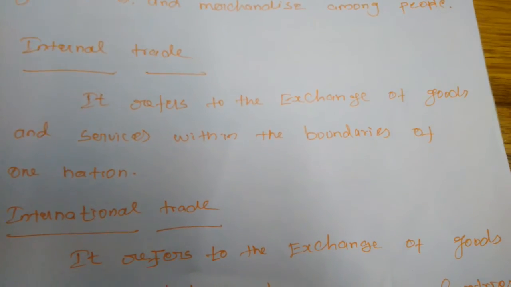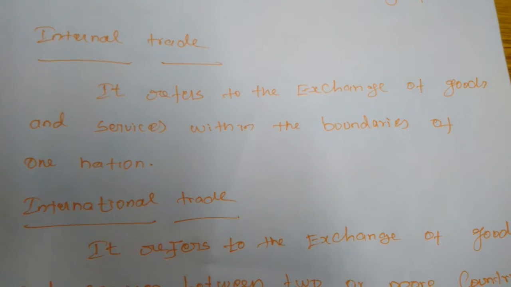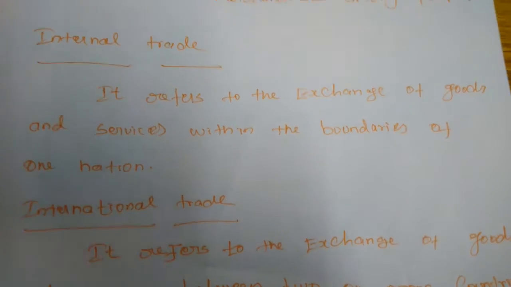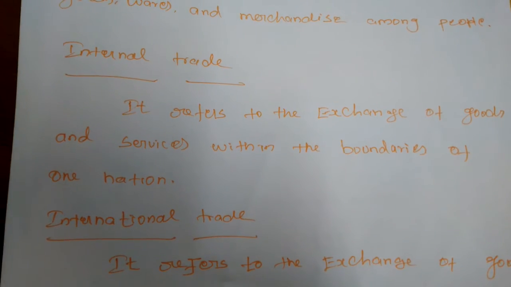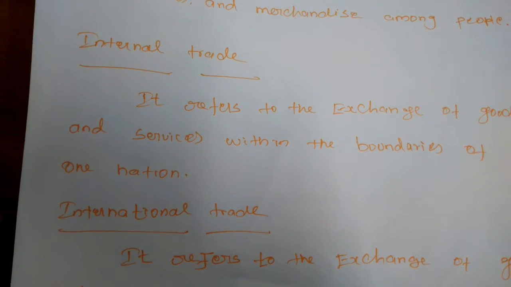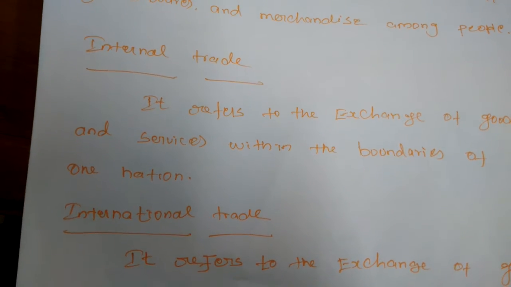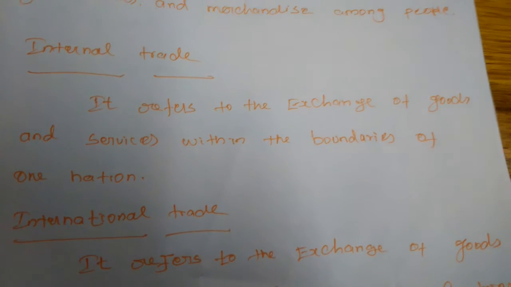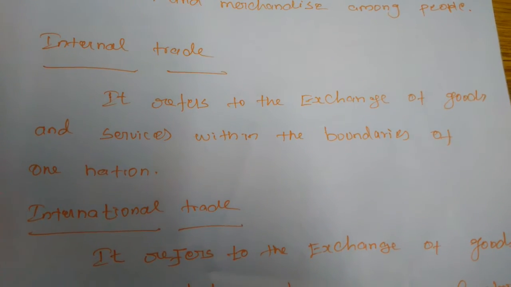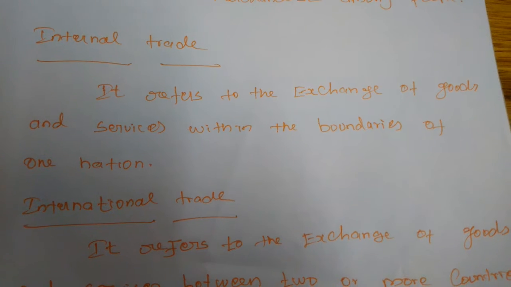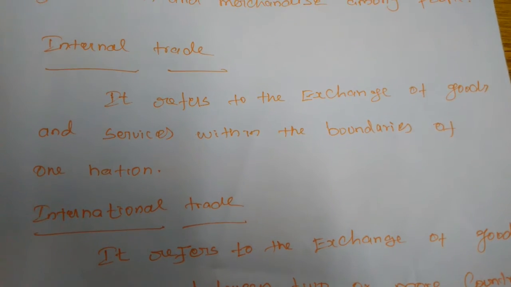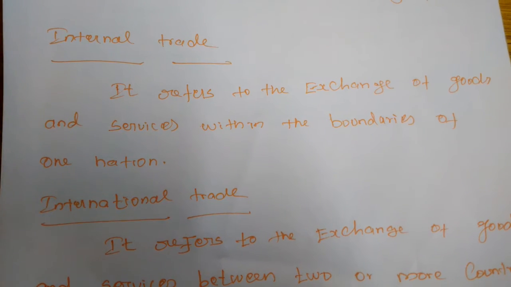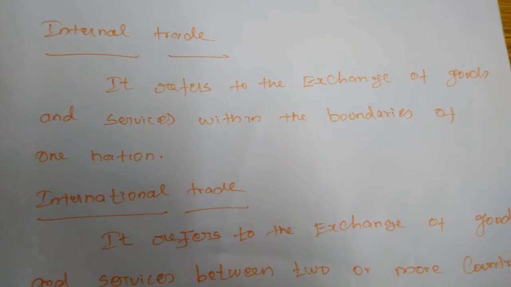Internal trade refers to the exchange of goods and services within the boundaries of one nation. For example, if the trade takes place within the boundaries of India only, it is called internal trade. What is produced in India will be consumed by the Indian people only.